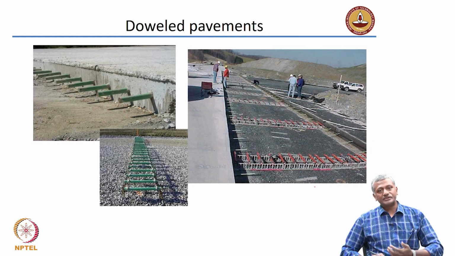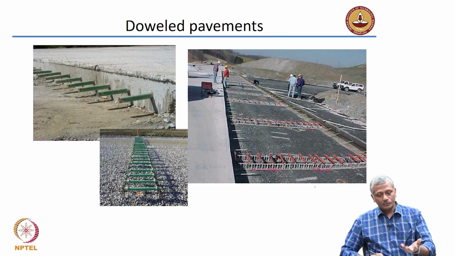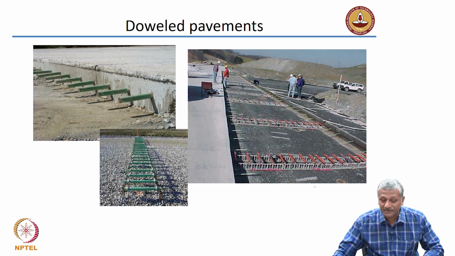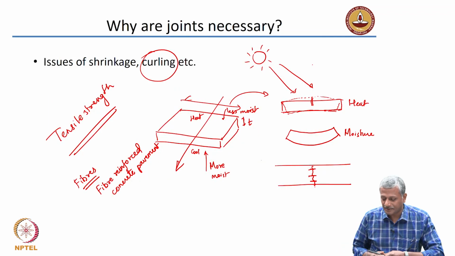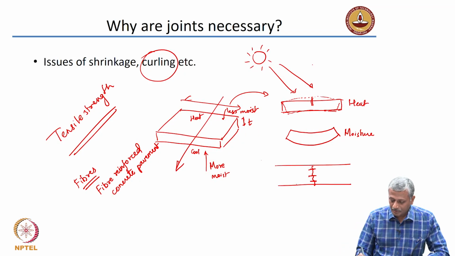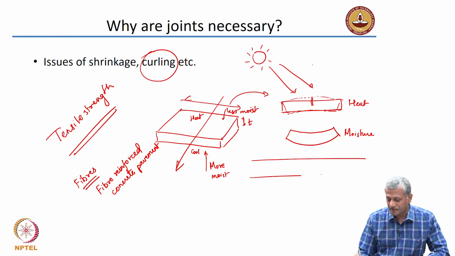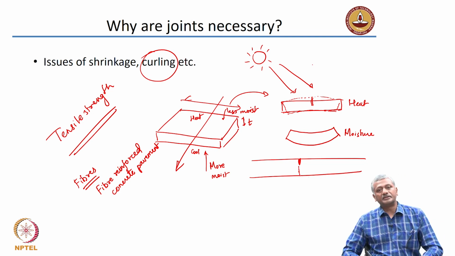So, again, instead of fibers, you can imagine that you are using now dowels across the joints. So, just to explain these dowels a little bit more, let me draw this again here. So, let us say I have this pavement here which has a joint in between. There is a joint in the pavement, okay.